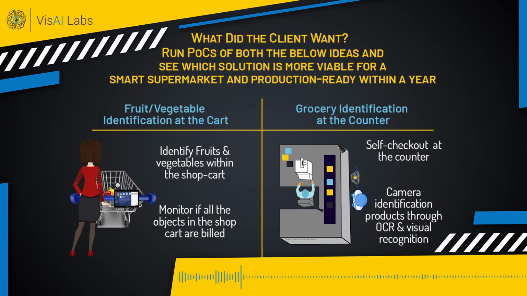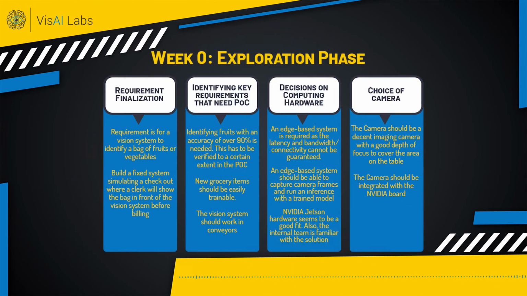The training could run on a PC or on a server, but it could be deployed back on the edge device, and you should be able to infer the new fruit or the new grocery item. So there were 2 main requirements that we took. One is identification, and the other one was training a new item. So these were the 2 requirements that we took, and we went forward with this proof of concept.